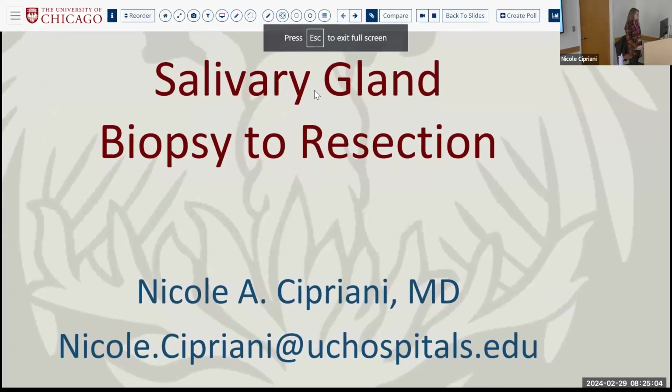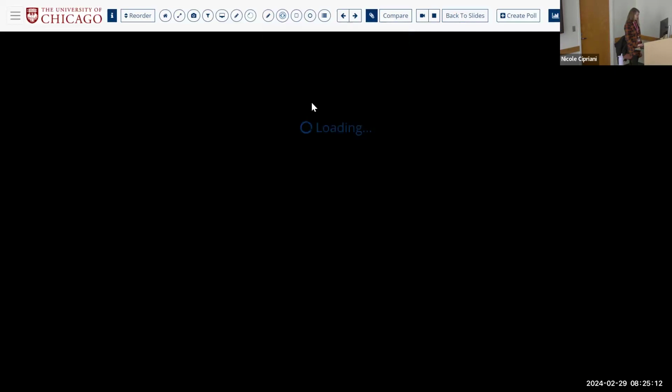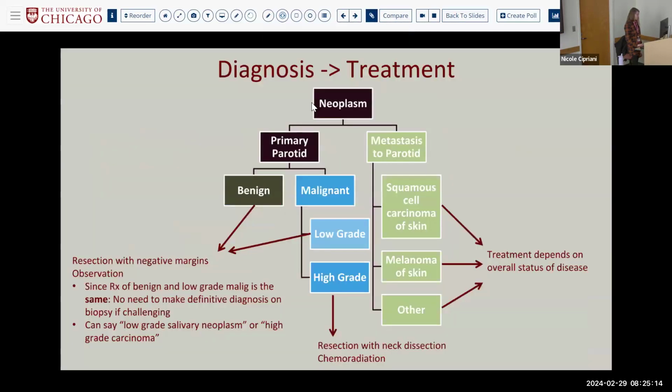Okay. We're going to skip to the slide. Just a reminder, when you are dealing with a core, most importantly you only have to offer whether you think something is a low-grade salivary type neoplasm.